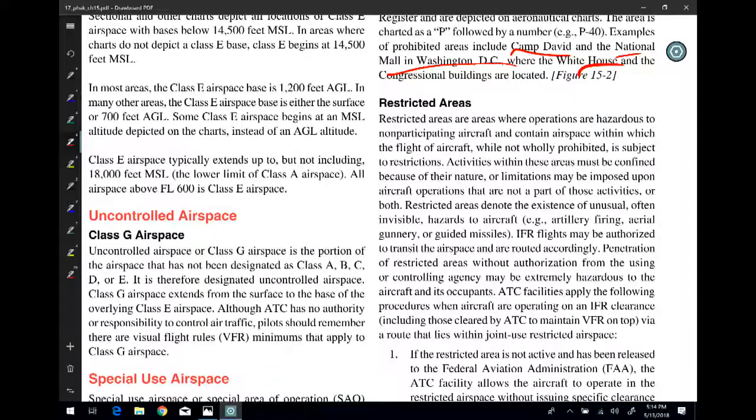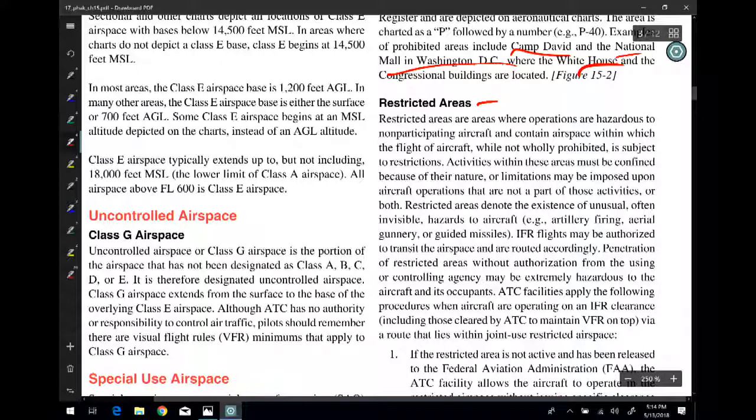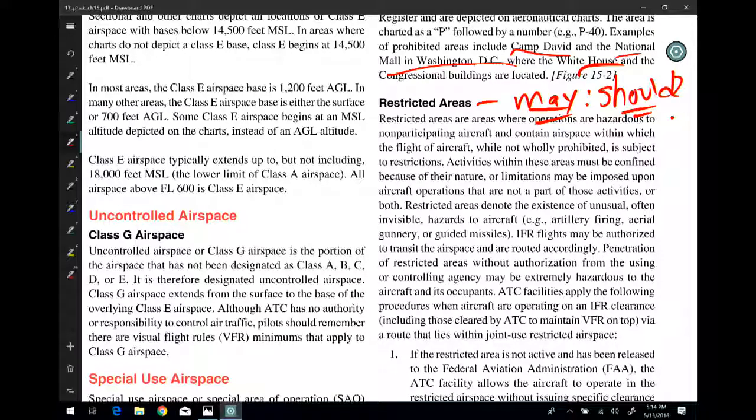So when you look at these restricted areas, in some cases you may be able to, but the question is, should you? And that's the thing. You could, in some cases, fly through a restricted area, but I would be extremely cautious about even doing it.